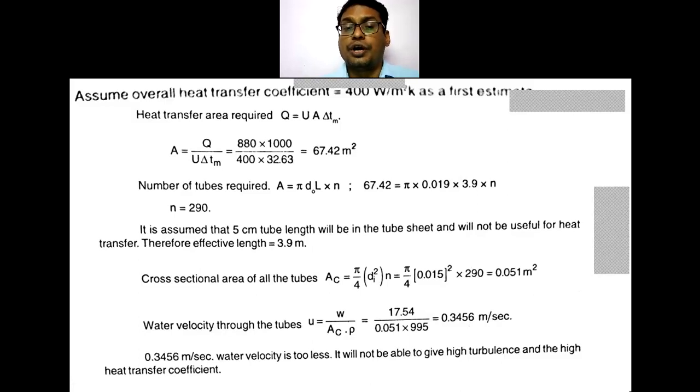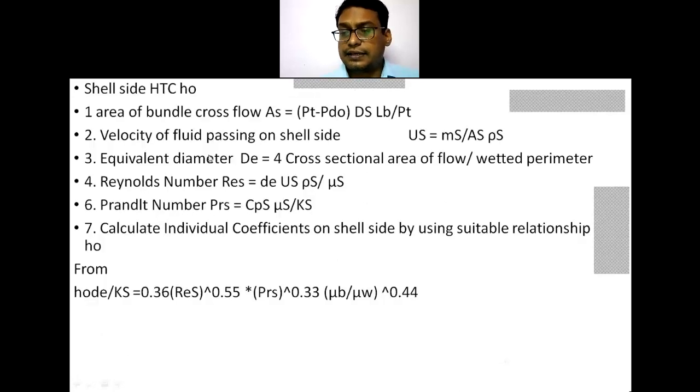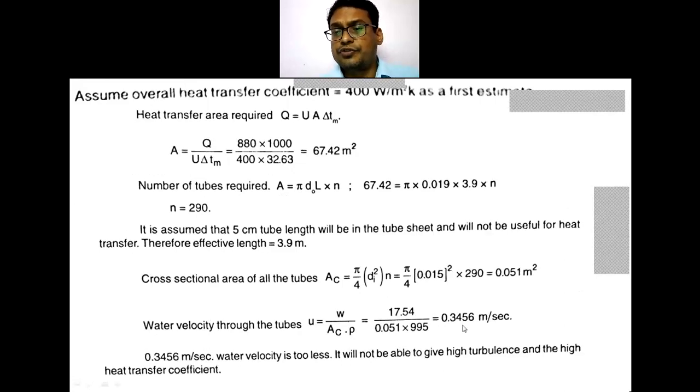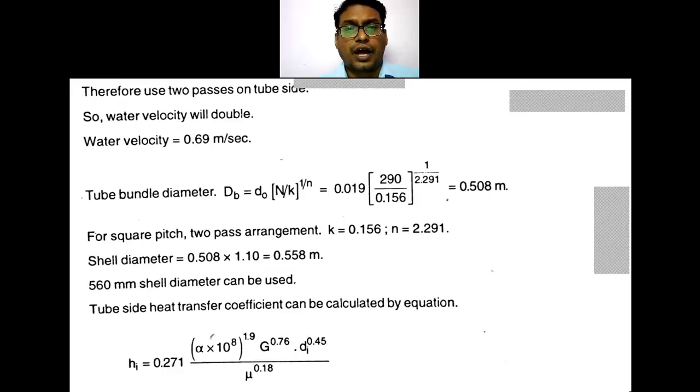If the velocity is low, Reynolds number values are low, then we increase the number of passes to create sufficient turbulence. So with two passes on the tube side, velocity will be doubled. So 0.3456 becomes 0.69 meters per second.